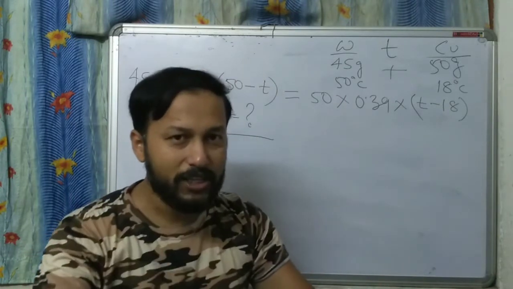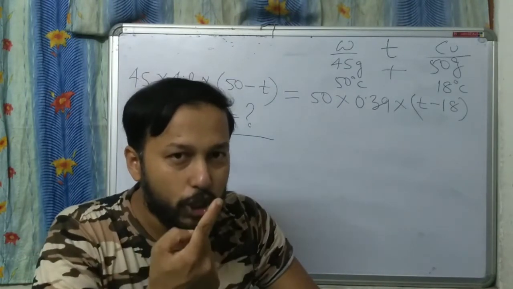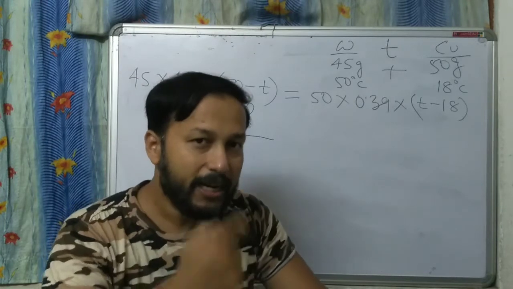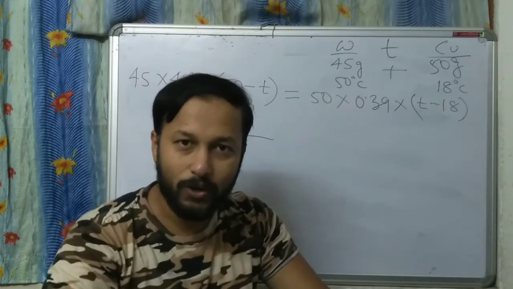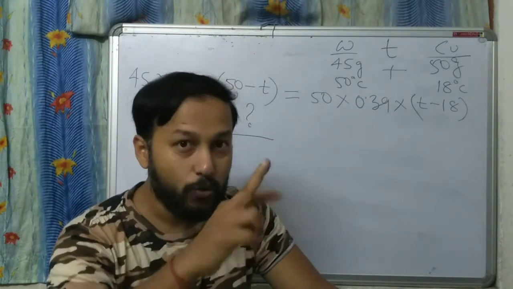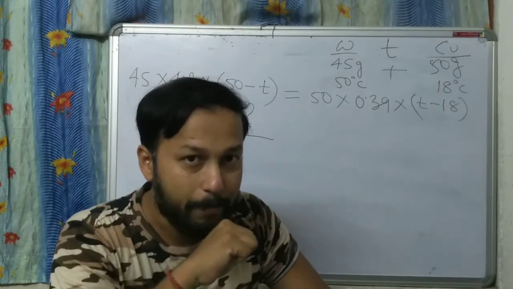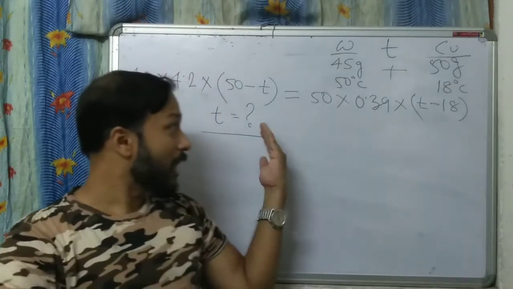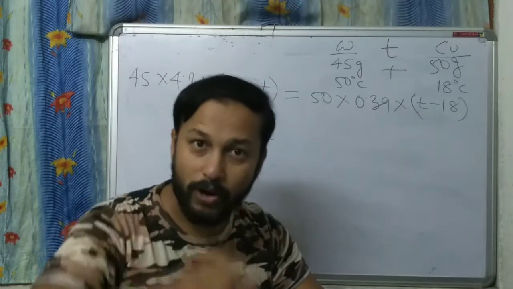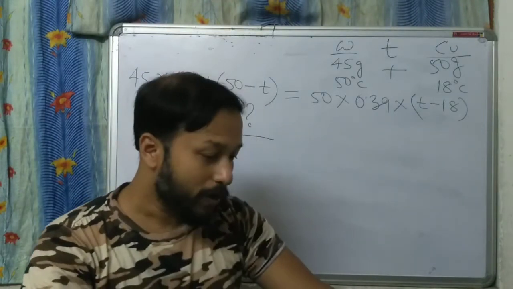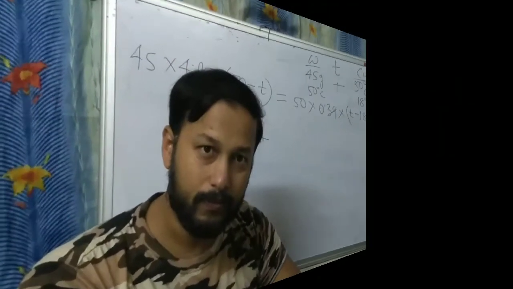And the formula is same: mass into specific heat capacity into T2 minus T1. Out of T2 and T1, one is final temperature and the other one, how to put that, I already told you. So let's see another sum.